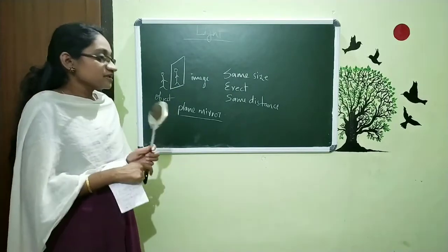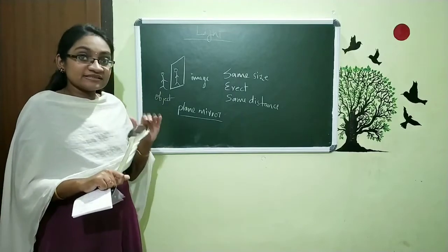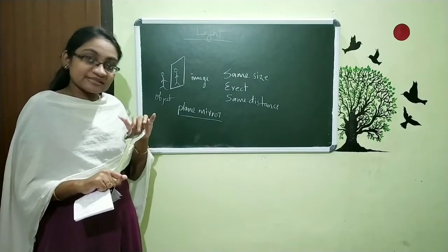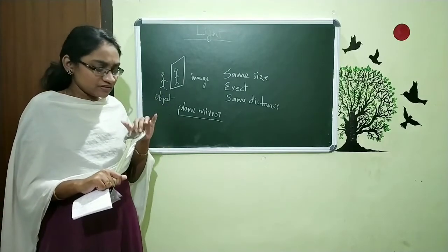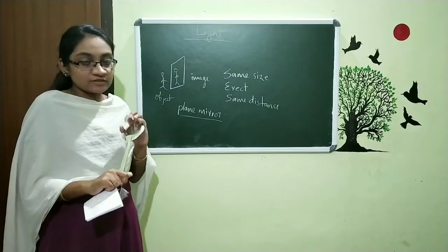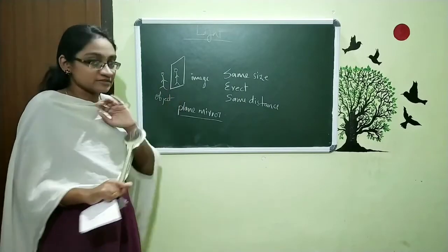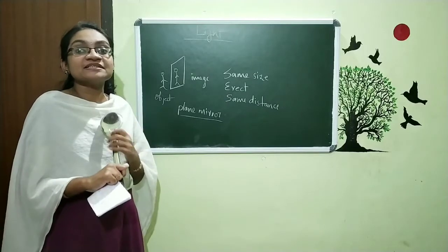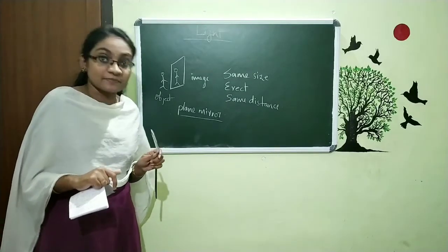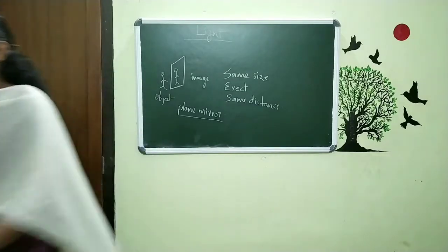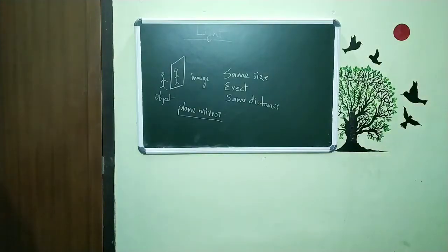That means whenever we can see a reflection on a surface, we can call it a mirror. This is a type of mirror, but don't think it is a plane mirror. It is a type of spherical mirror. So today our topic is the spherical mirror.